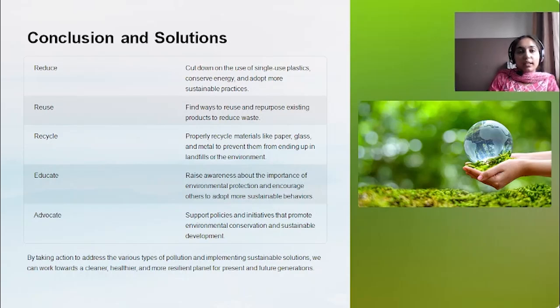Now, the next solution is educate. Educate means raising awareness about the importance of environmental protection and encouraging others to adopt more sustainable behavior. We should know that the environment and the natural resources we get from it are limited in nature.